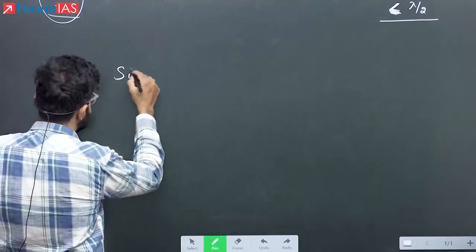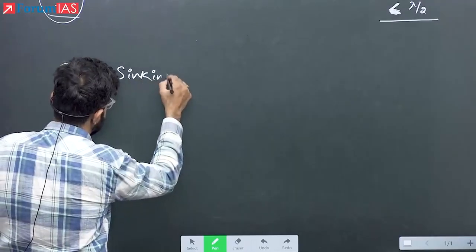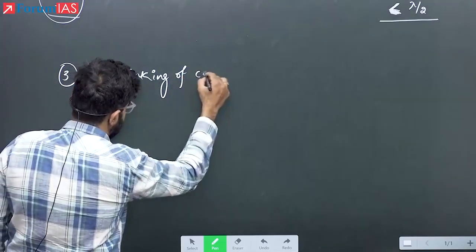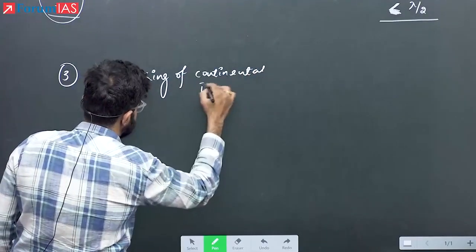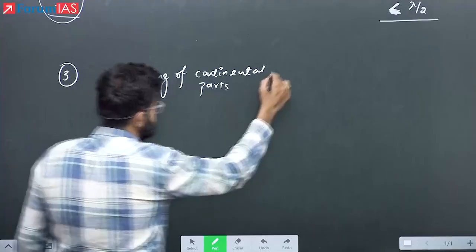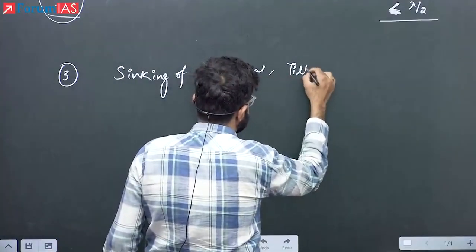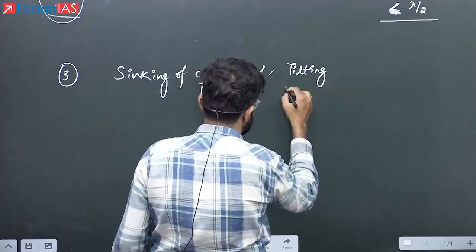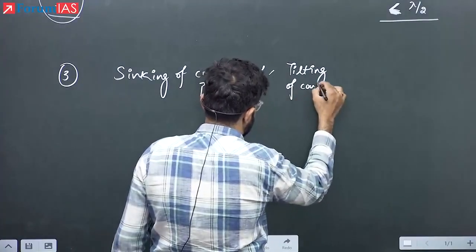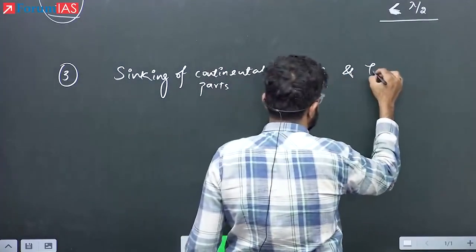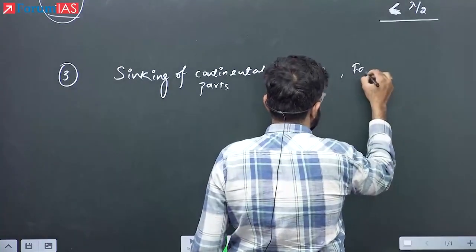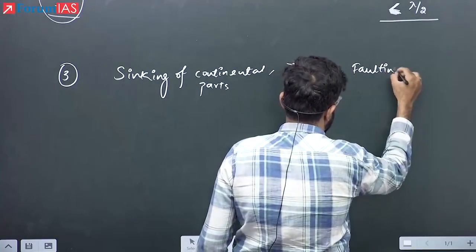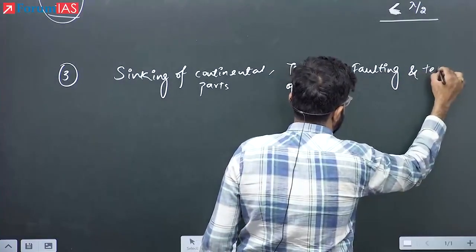Number one, can I say sinking of some land parts? Sinking of the continental parts. Second is tilting of the continental parts. And, sorry, one more: faulting and tectonic activity.